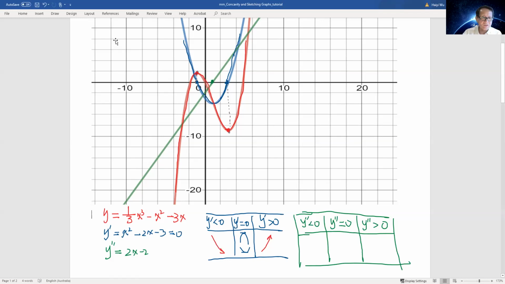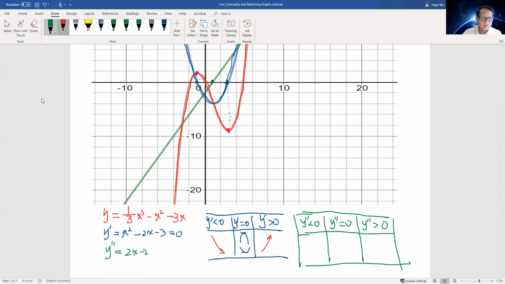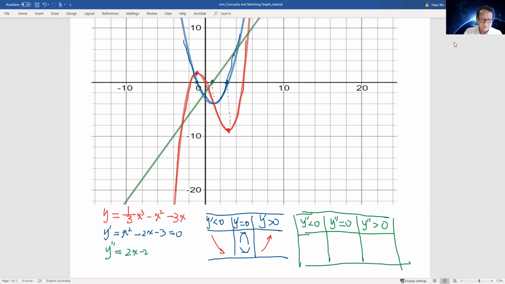I'm going to change again to a red pen. If I draw a line there, at the original graph it is, you can see, a straight line. It's not stationary, but we call it a point of inflection.